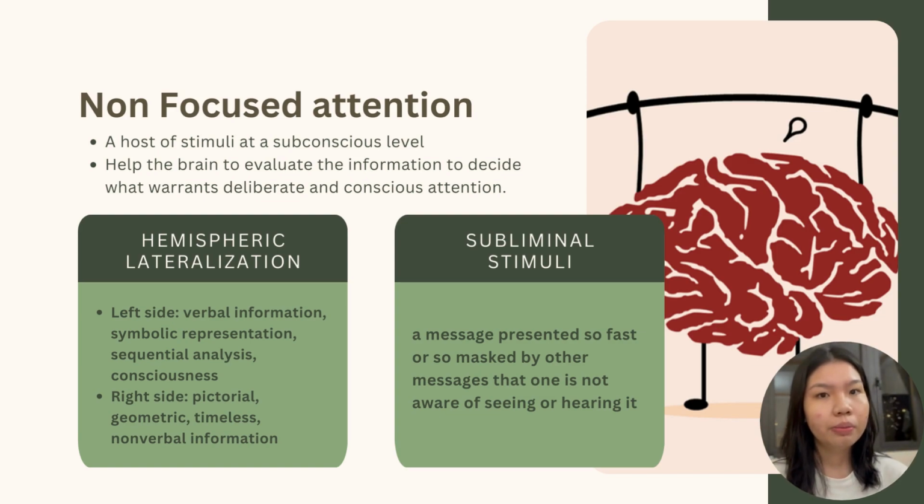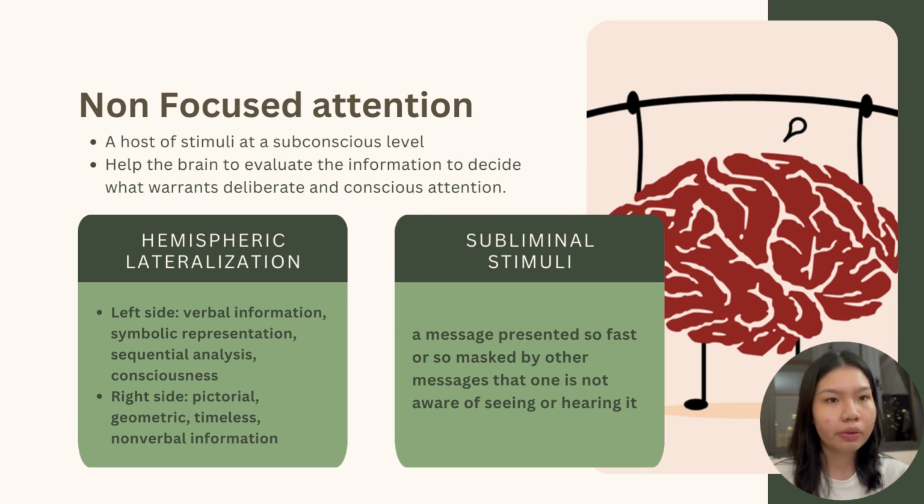So the next thing we move on to is non-focused attention. It's like a host of stimuli at a subconscious level. It helps the brain to evaluate the information to decide what warrants deliberate and conscious attention. So here's a term on non-focused attention called hemispheric lateralization. It's a term applied to activity that takes place on each side of the brain.